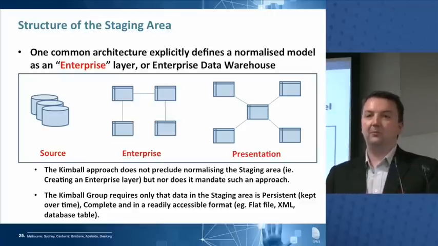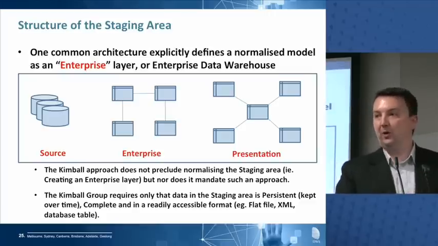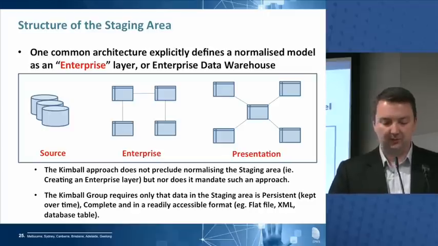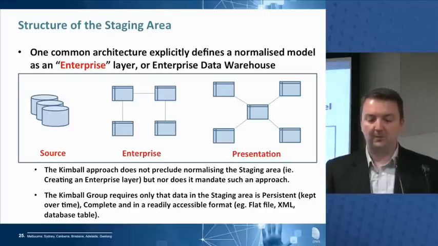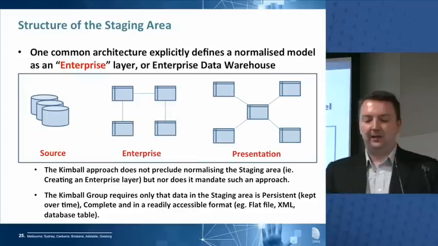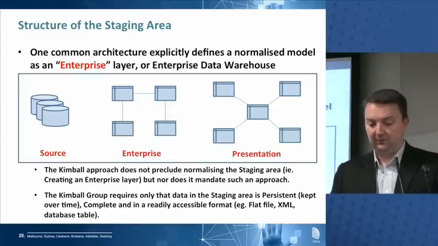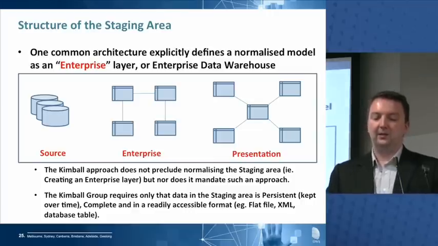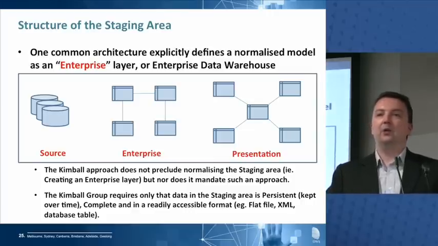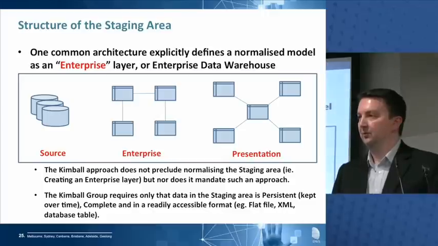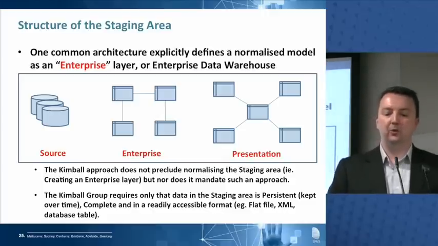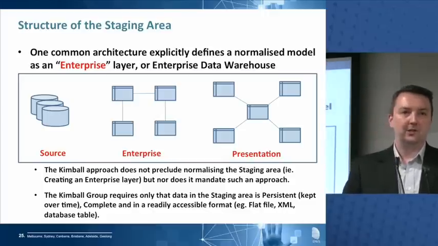In Ralph Kimball's world, version 1 of his data warehousing toolkit book, he described, and this is the subject of this lecture, dimensional modelling. He described a data warehouse where all of the tables were dimensionally modelled. He had no room for a normalised data model.